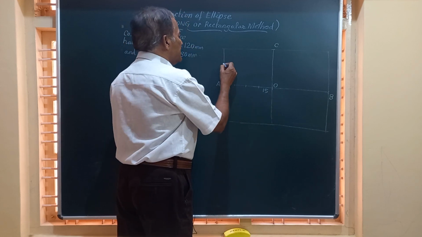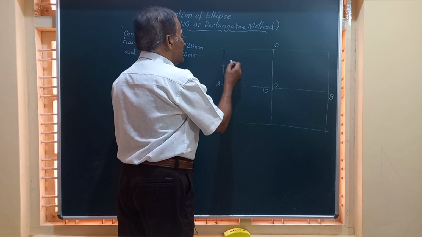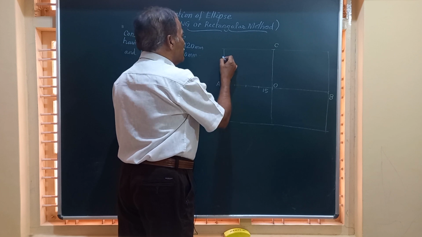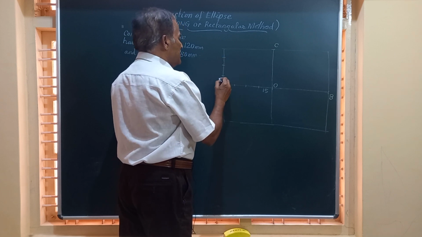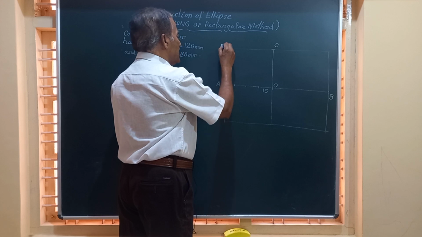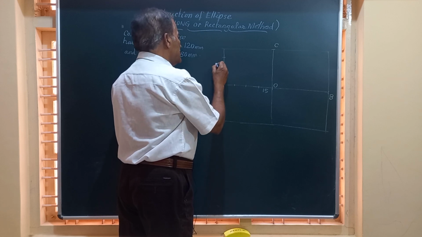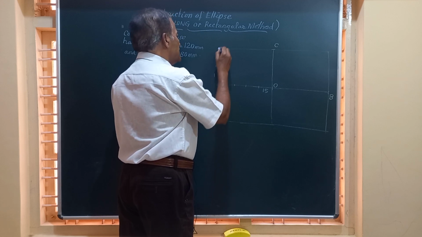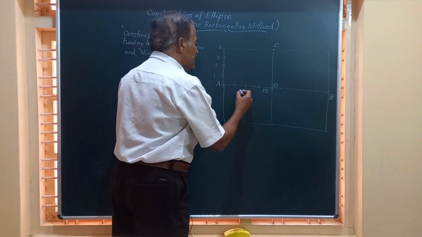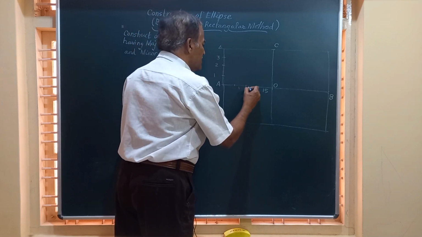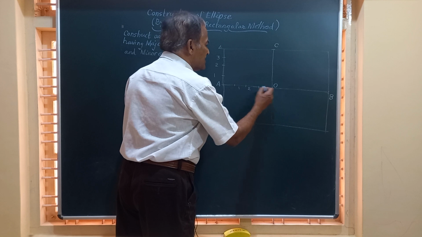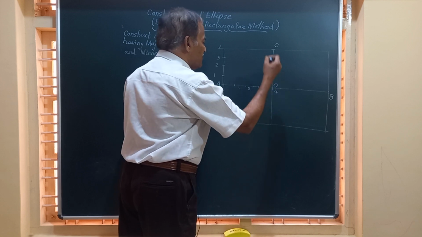This dimension is 40. I am going to divide that into 4 equal parts. So 1, 2, 3 and 4. Let me mark them here: 1, 2, 3 and this is the 4th division. Similarly here, this is 1, this is 2, this is 3 and O is 4.